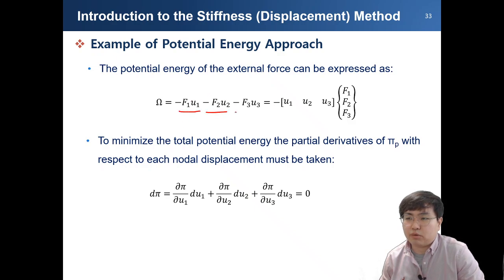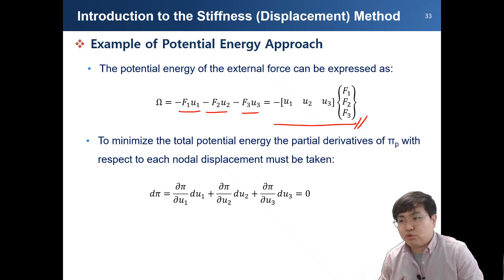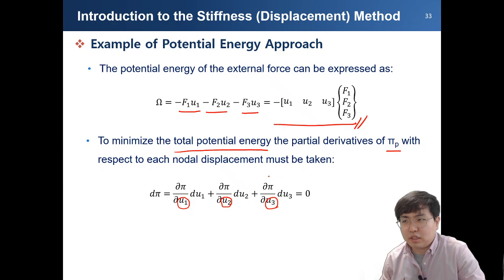We have 3 nodal points, and this can be combined in matrix form. To minimize this total potential energy, we should use the variational approach. That means we are going to differentiate this total potential energy with respect to the internal variables u1, u2, u3. At this stage we have 3 unknown variables.